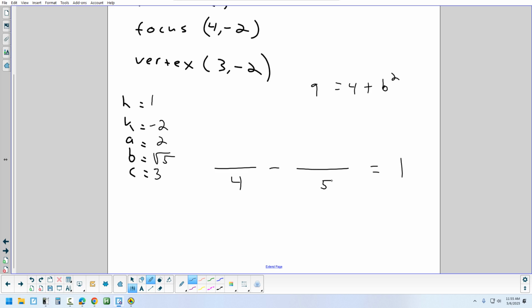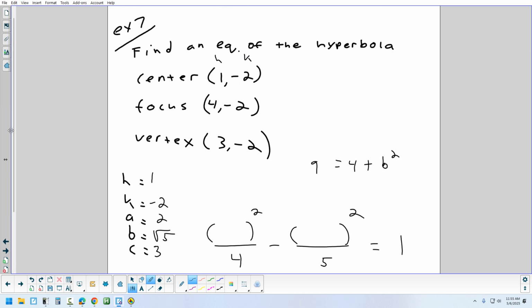Okay, so now we've got everything that we can do without thinking about the transverse axis. If you graph all those points, they all have the same y value. So think about how they would look.